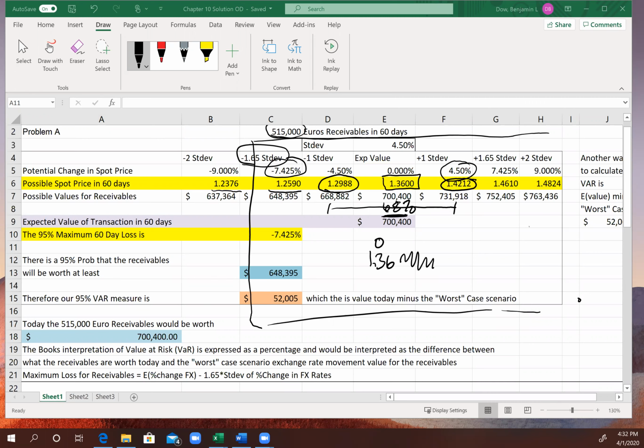You just take what? Try 1.65 multiplied by 0.045. What does that give you?